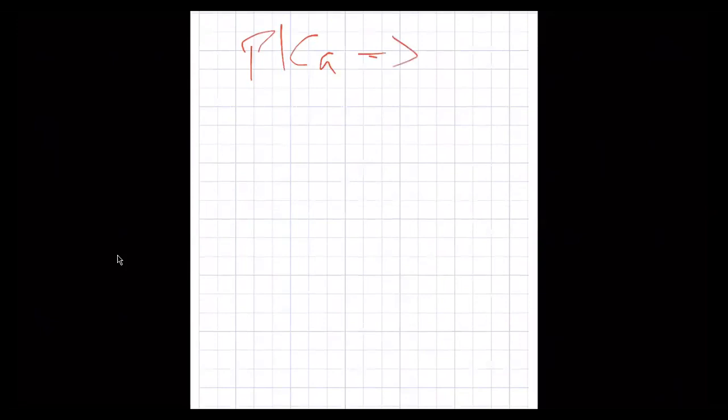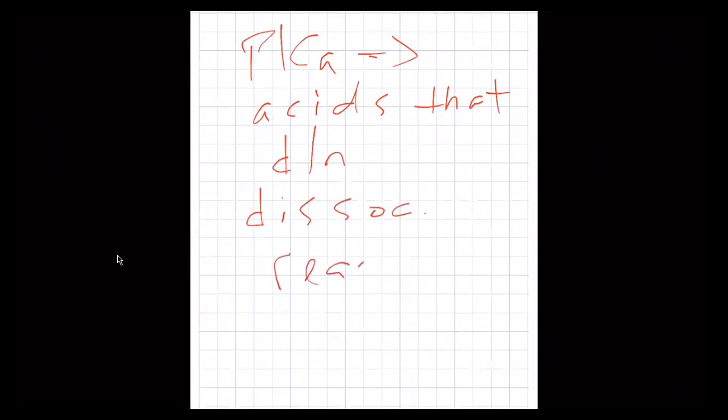We use that for acids that don't readily dissociate. So we use a different measure for organic acids.